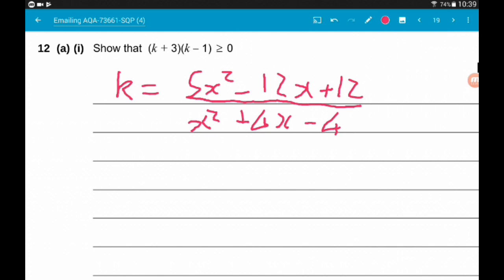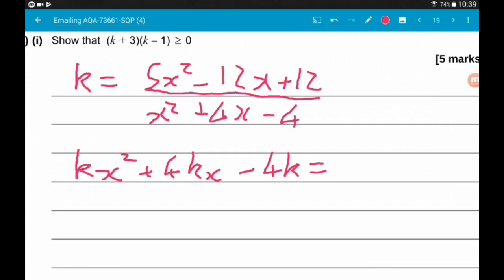So that's going to give us kx squared plus 4kx minus 4k, and that is equal to 5x squared minus 12x add 12.